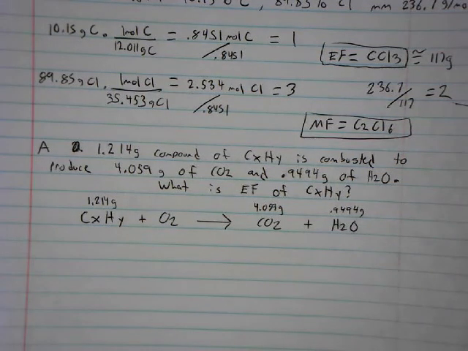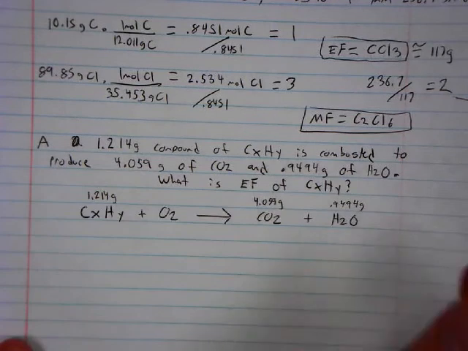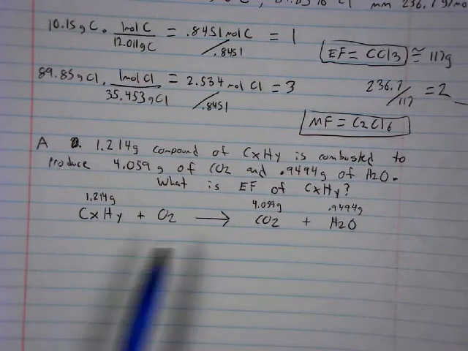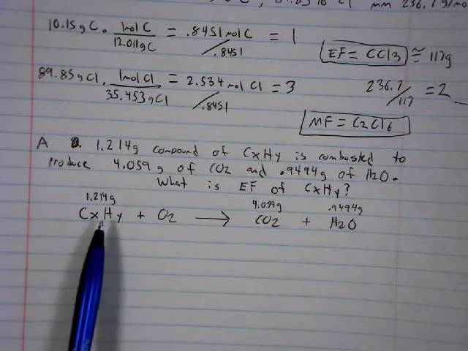And I know that I have 4.059 grams of this, and I've got 0.9494 grams of that. At this point, try to get the empirical formula on your own. Attempt it.